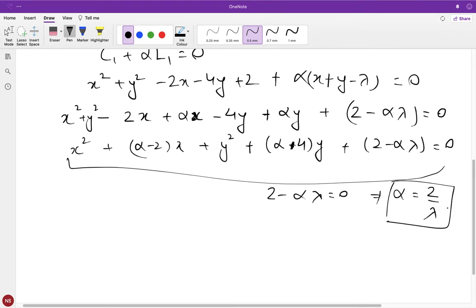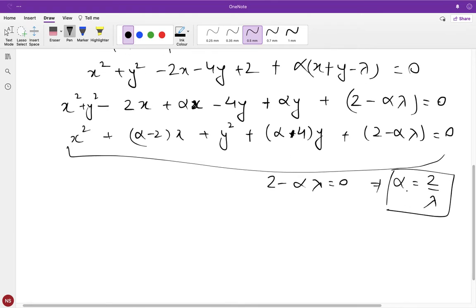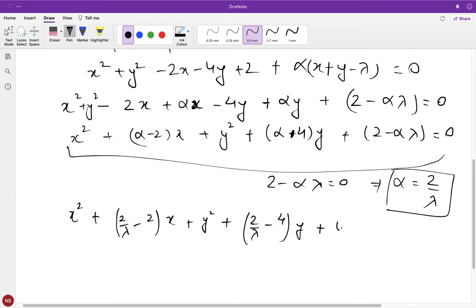This alpha is 2 by lambda is correct, so let us just place this value alpha is 2 by lambda over here. x square plus 2 by lambda minus 2 x plus y square plus 2 by lambda minus 4 y plus this whole thing is 0.